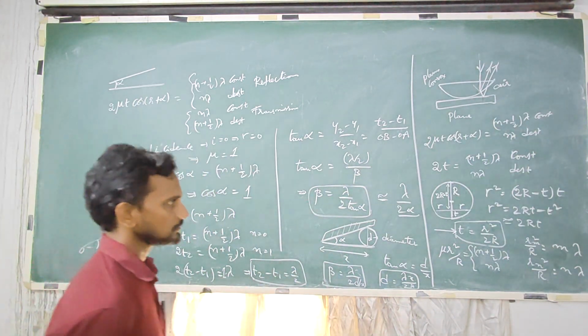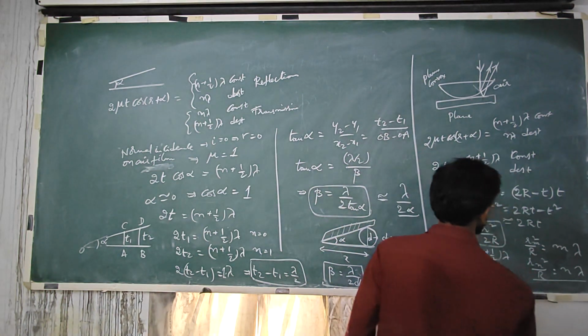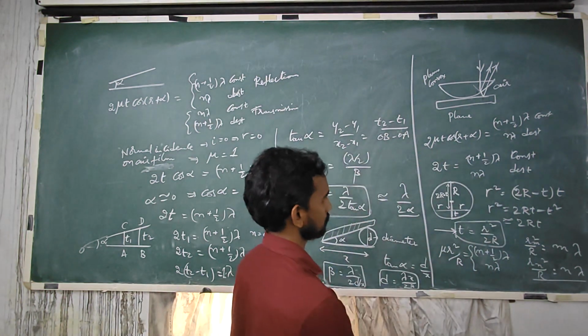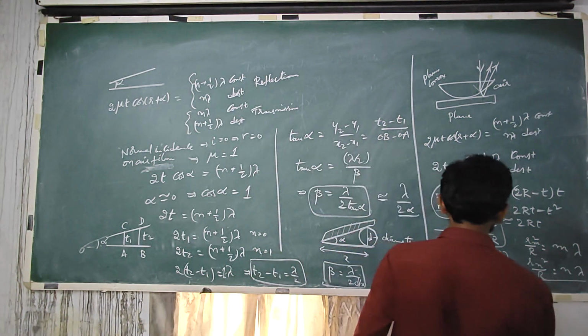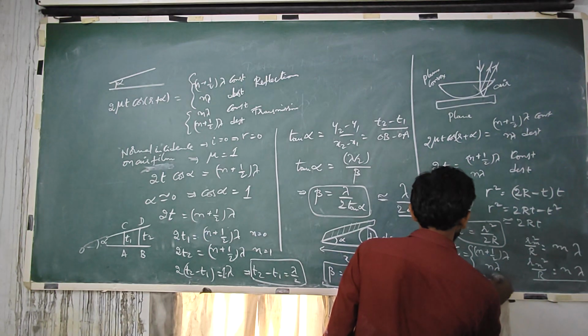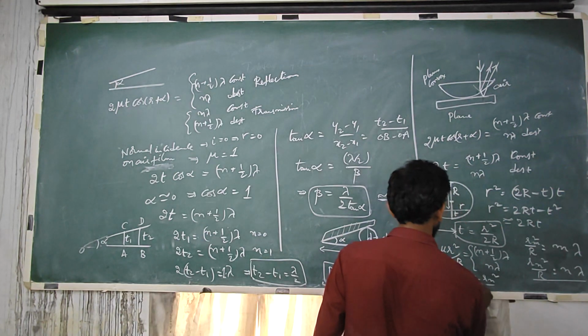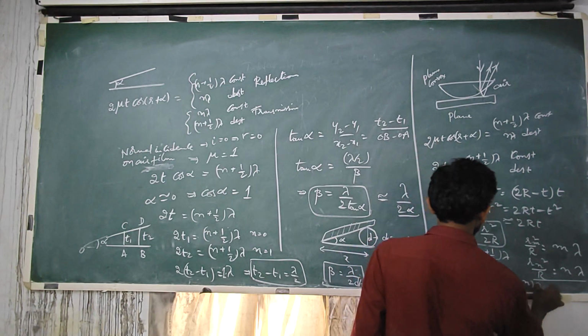So if you take the difference, what do you get? Rm square minus Rn square by r is equal to m minus n lambda.